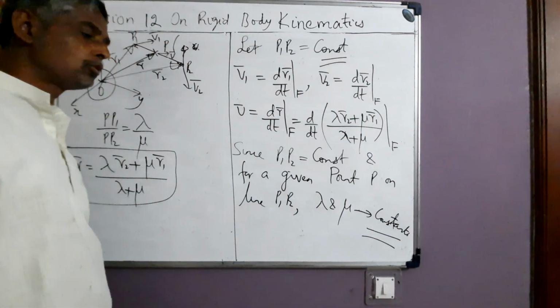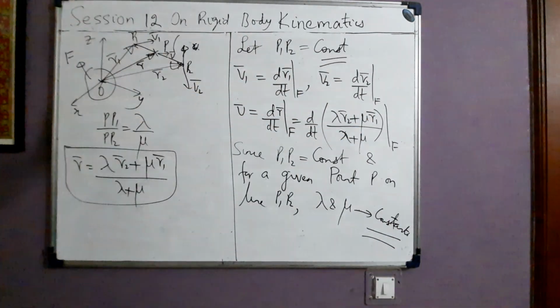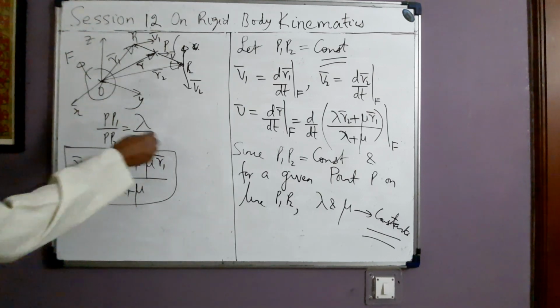Fine. Lambda and mu are both constants. Alright. Now add up this one.